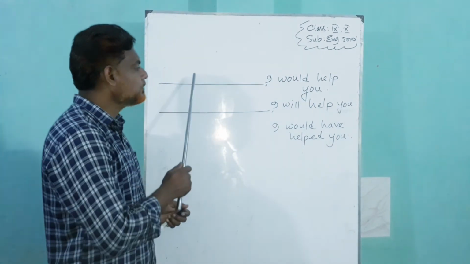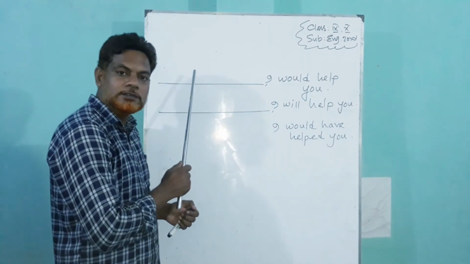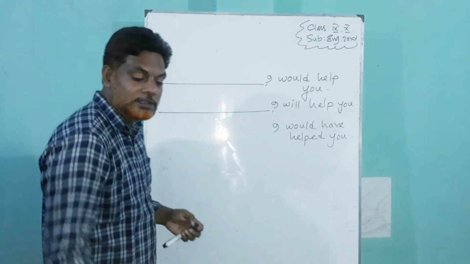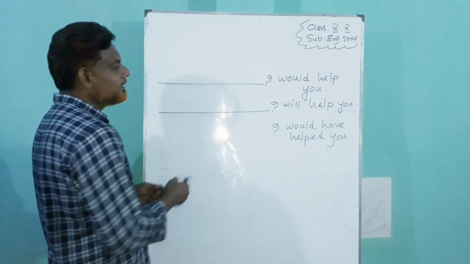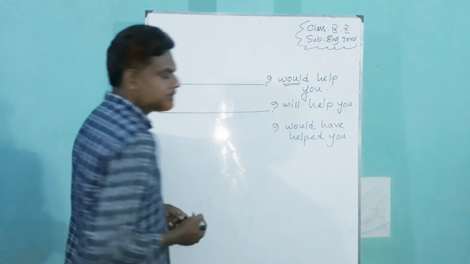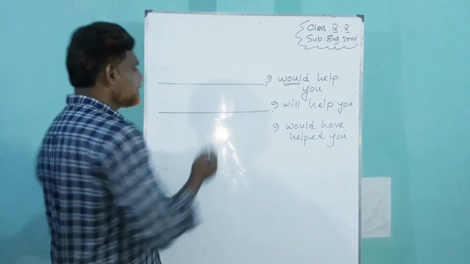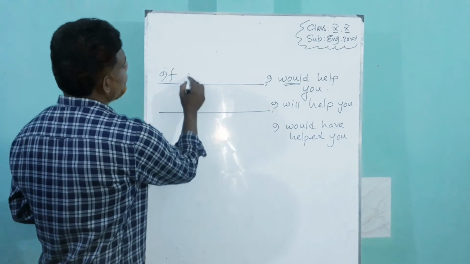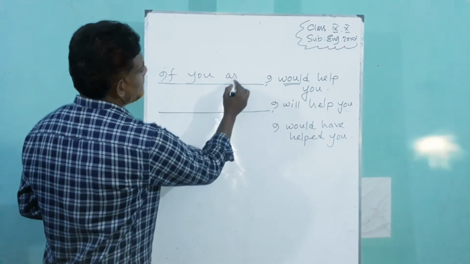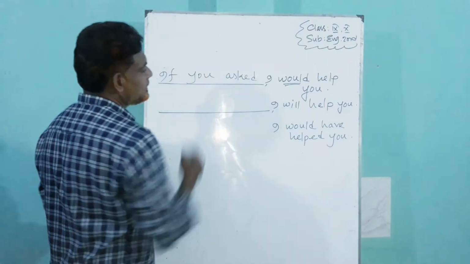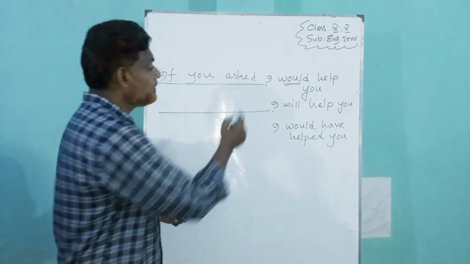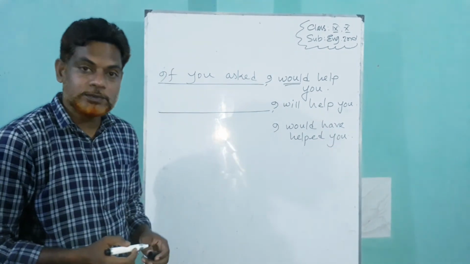So which condition will it be? Yes, this would be second condition. If there is would, we have to write the second condition in the subordinate clause. So we can use here if you asked. If you asked, I would help you.